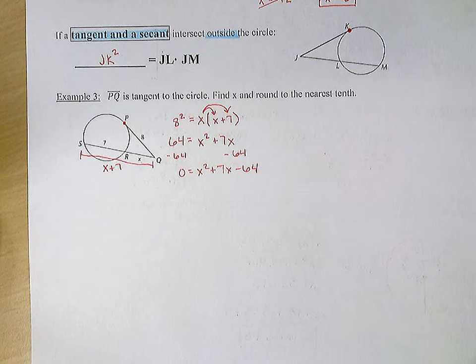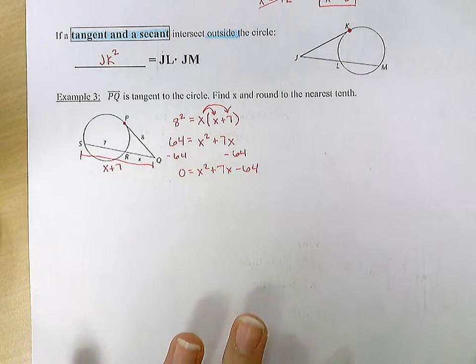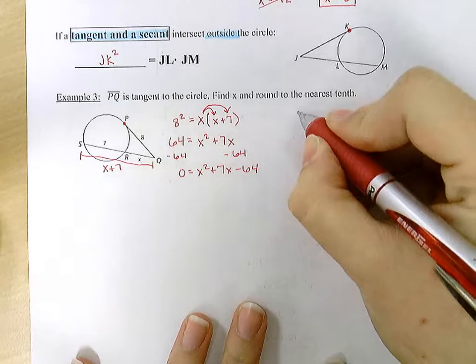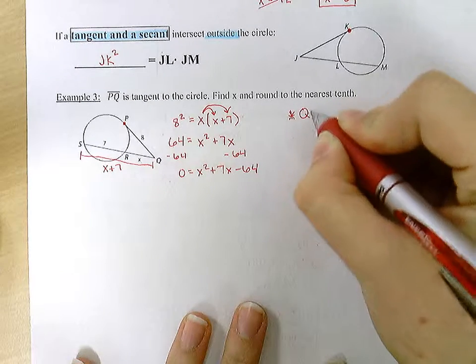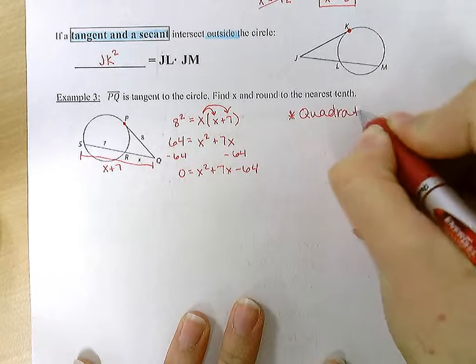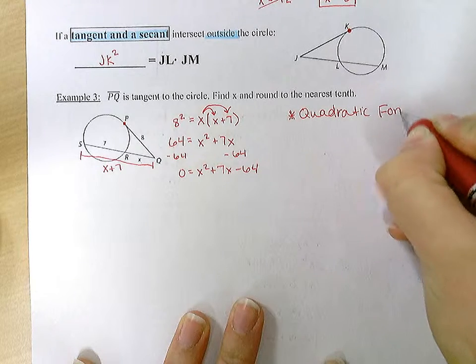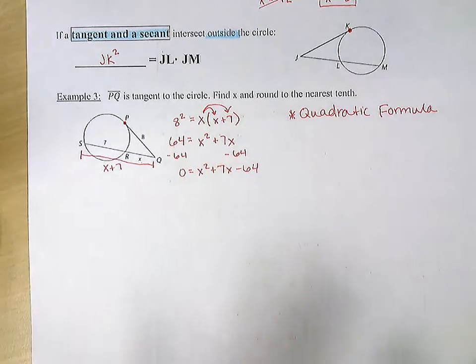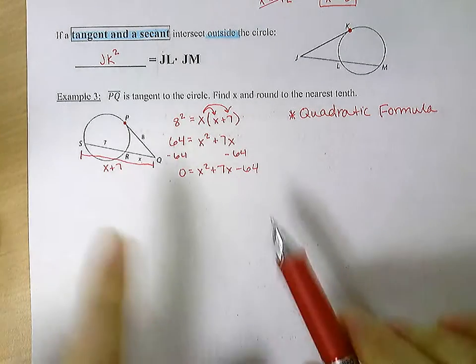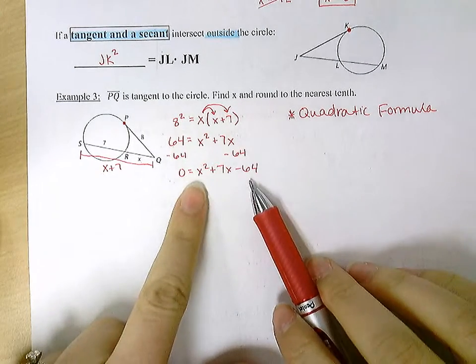Okay, do you remember what you have to use if you can't factor a quadratic? You have to use the quadratic formula. Okay, so for the quadratic formula, you need to have your quadratic in this form here.